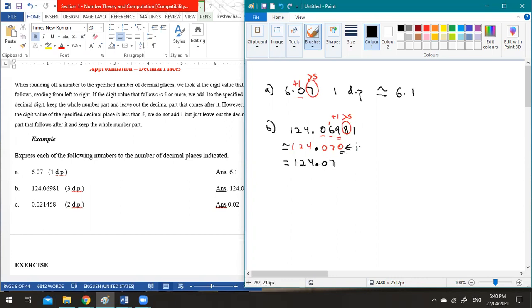This has no place value, but this one has place value.